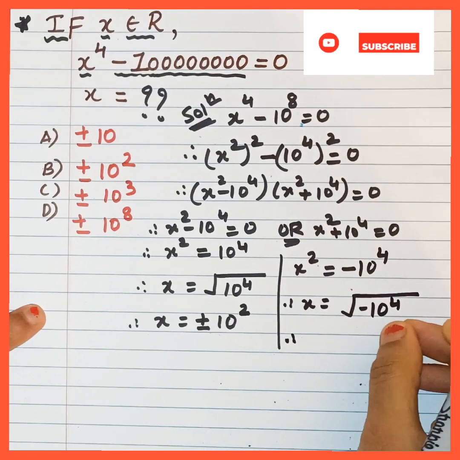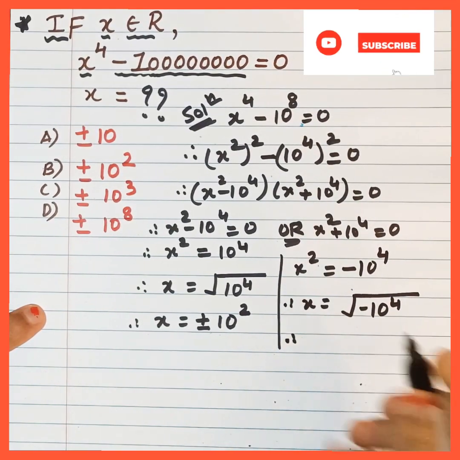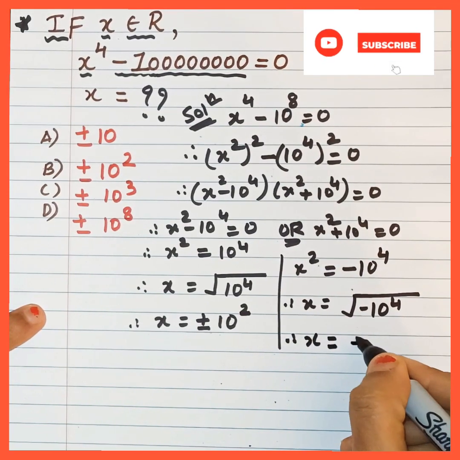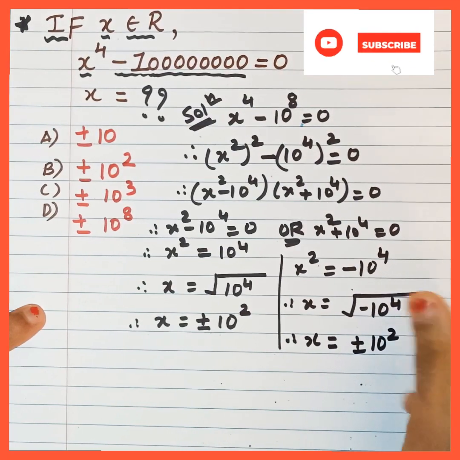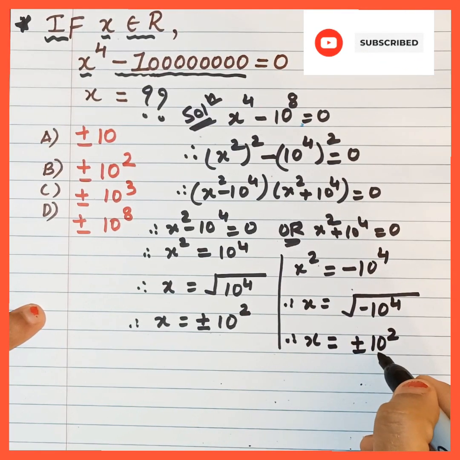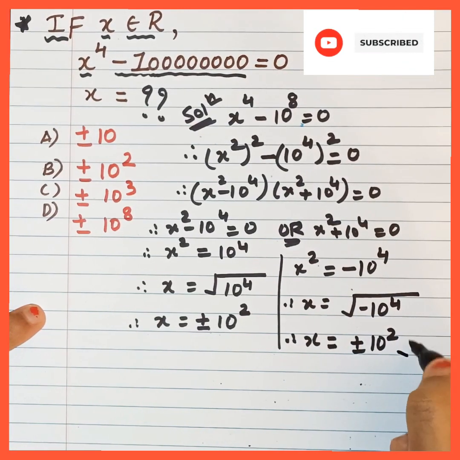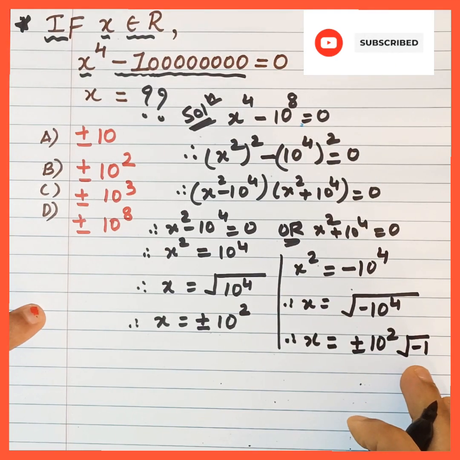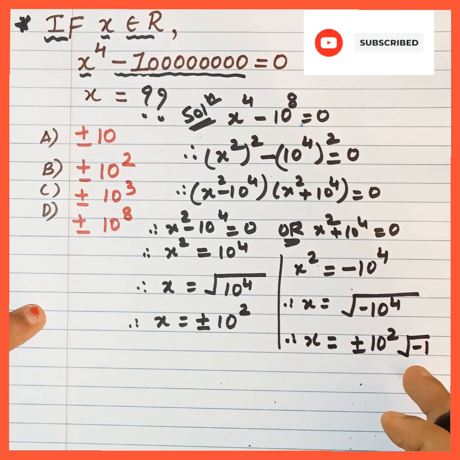Now 10 raised to 4 can be taken outside the bracket, but the minus 1 will be left inside the root. So we get x equal to plus or minus 10 square into square root of minus 1.